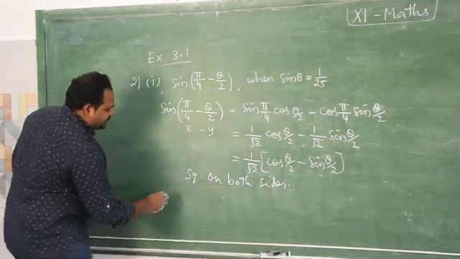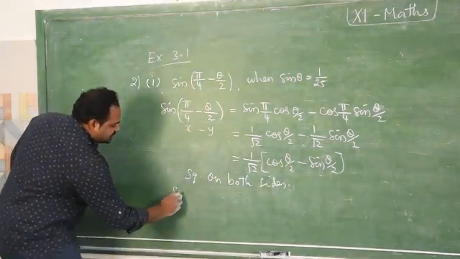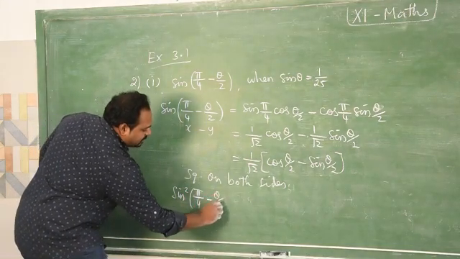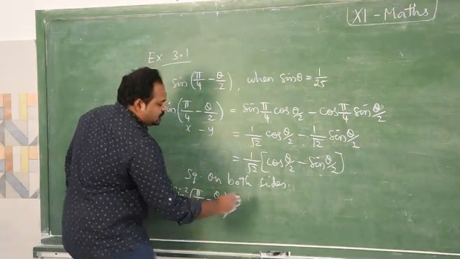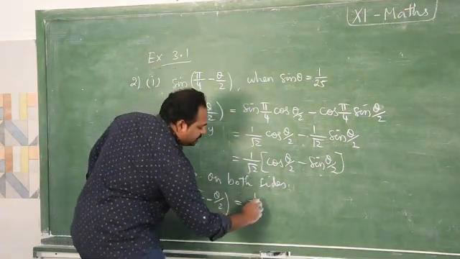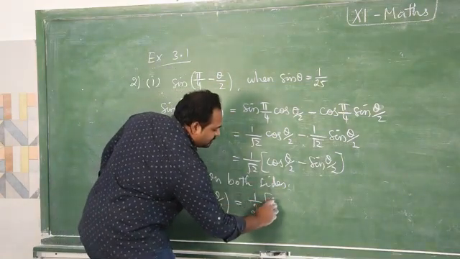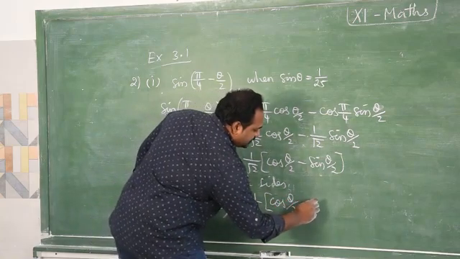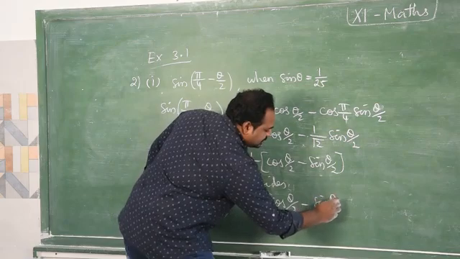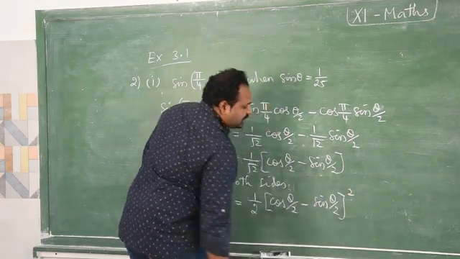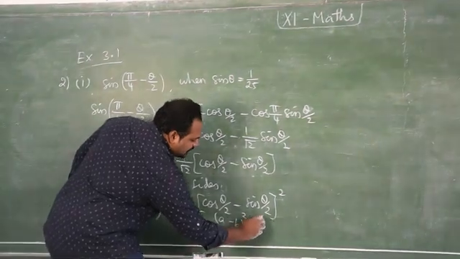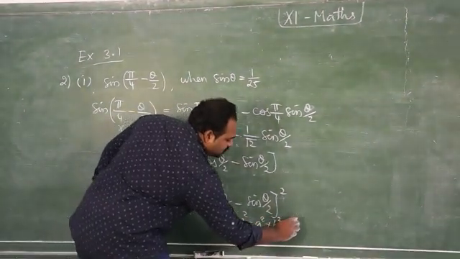If I square both sides, the left hand side is sin square of pi by 4 minus theta by 2, equal to, if I square this, it will be 1 by 2 times the bracket, which can be written as (cos theta by 2 minus sin theta by 2) whole square. This is in the form of a minus b whole square. It is a square plus b square minus 2ab.